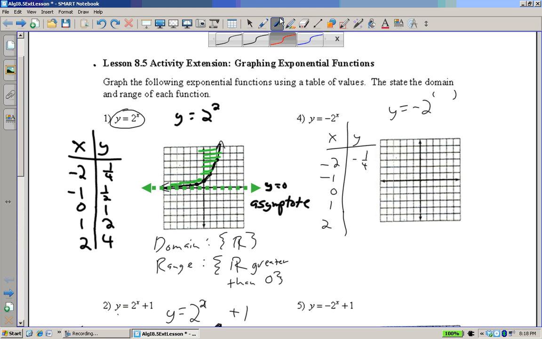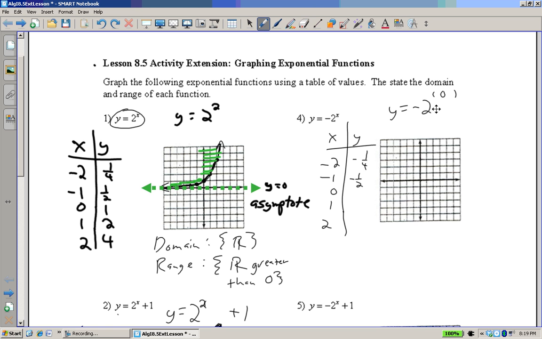Let's plug in -1 and see what happens. This is really sort of -1 times 1/2. It's going to be -1/2. Plug in 0.